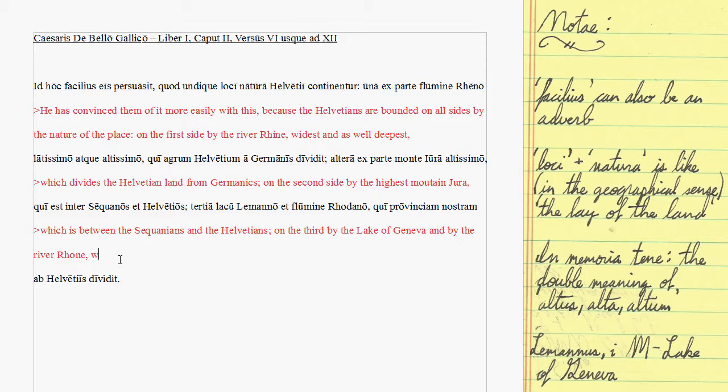So, which divides our province. I am going to capitalize it because it is a finite location, like the rest of the locations and landforms described herein. Divides our Province from the Helvetians.